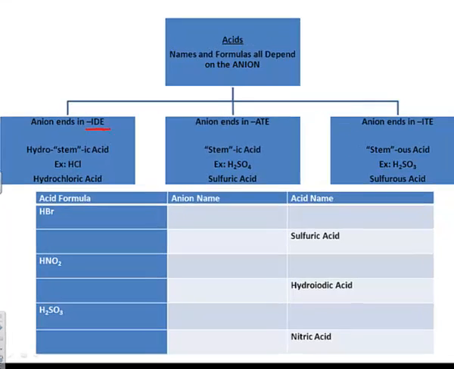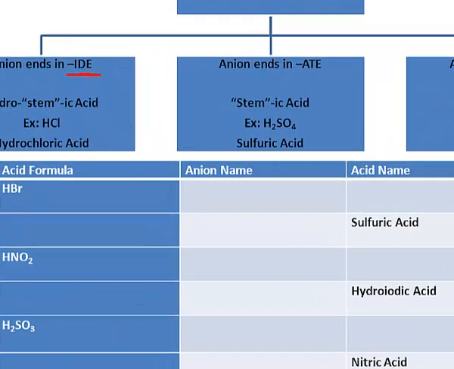So HBr, definitely hydrogen in front. Br is the anion bromine or bromide, ending in IDE.